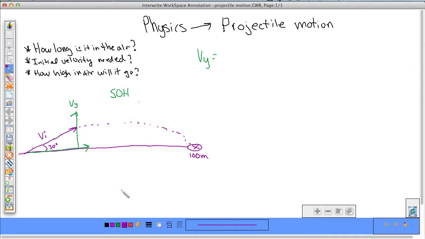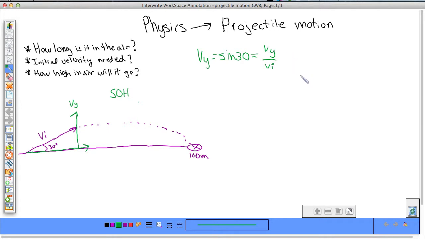We don't know exactly what that is right now. So the sine of 30 degrees is going to equal my velocity in the y direction, that's what I want, my opposite, divided by my initial velocity.